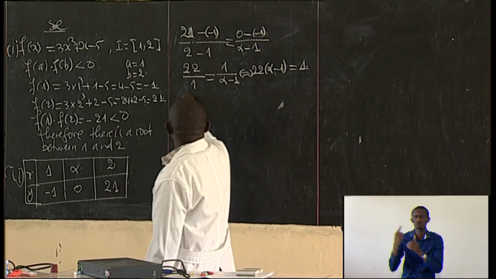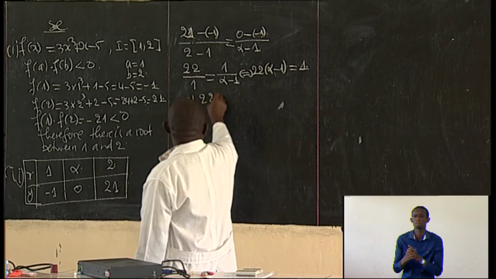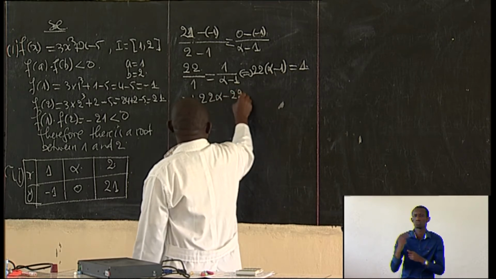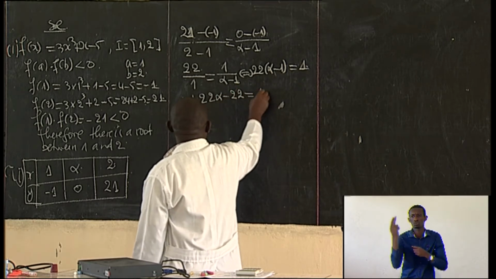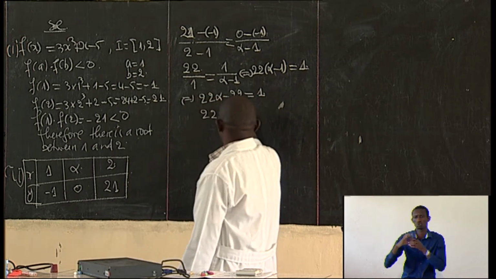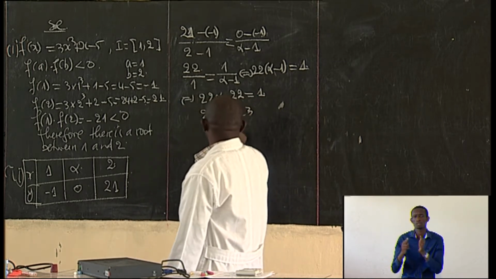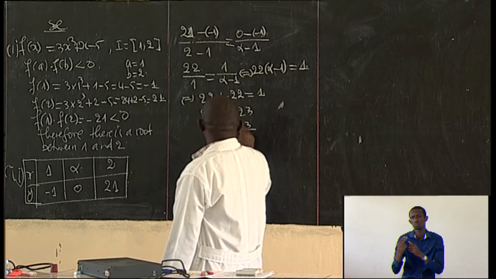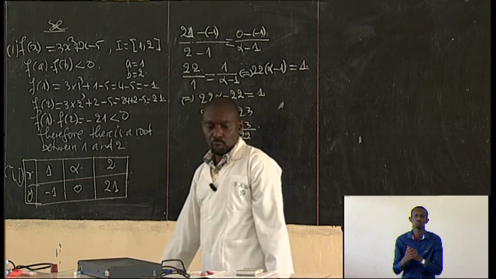When I expand the left-hand side, I get 22 alpha minus 22, which is equal to 1. 22 alpha equals 1 plus 22 is 23. It means that alpha is equal to 23 divided by 22.